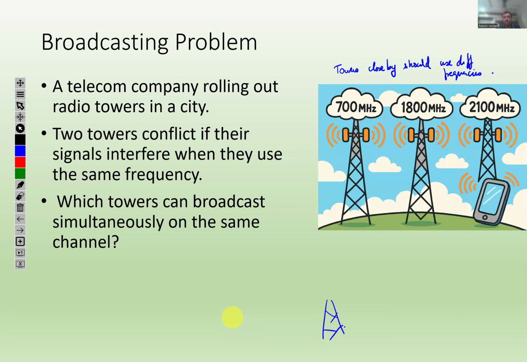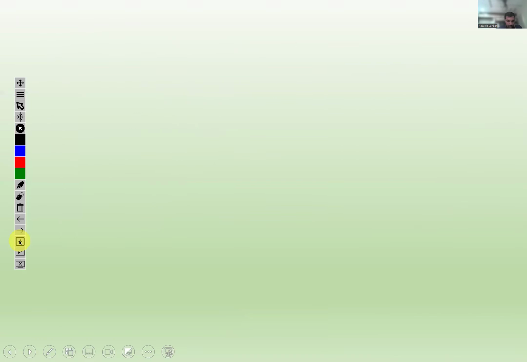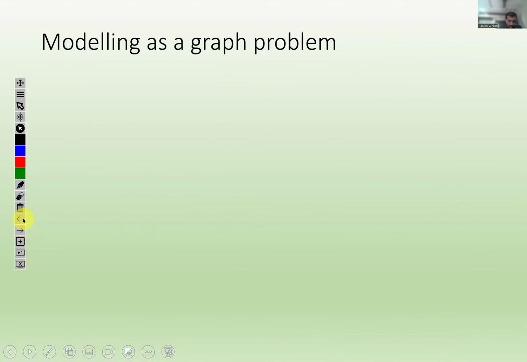Here's one possible way to model this problem as a graph. You build a graph with vertices and edges, where the vertices represent the corresponding towers.